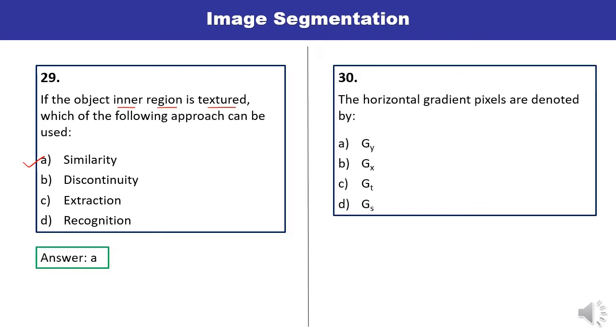Question number 30 is, the horizontal gradient pixel. Here we are asking about the horizontal gradient pixel. So it is represented as Gx. Answer is B. If you have to find out the vertical gradient, it must be Gy. So let us check whether B is the correct answer or not. This is correct one.